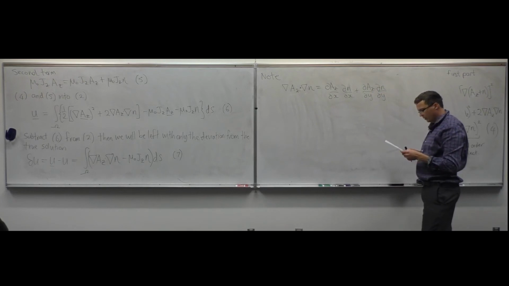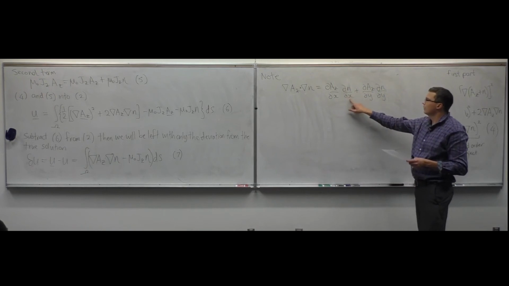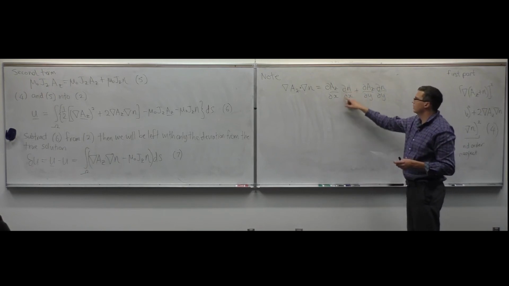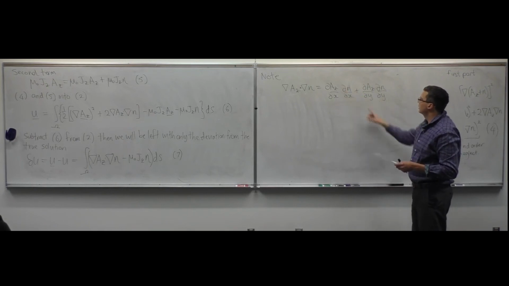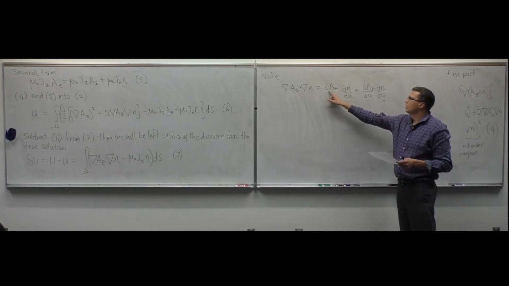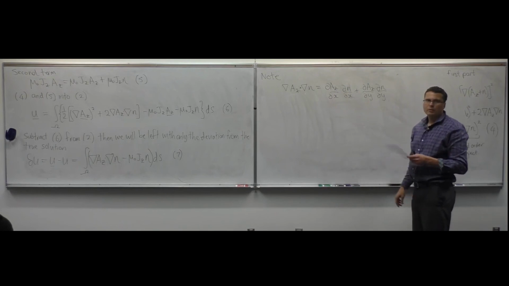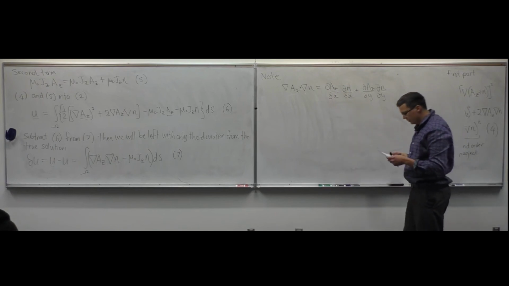Okay, but like I said, this is not very nice looking, because we've got this partial derivative of this deviation. We can remove the partial derivative and put it onto the magnetic vector potential term if we use integration by parts.